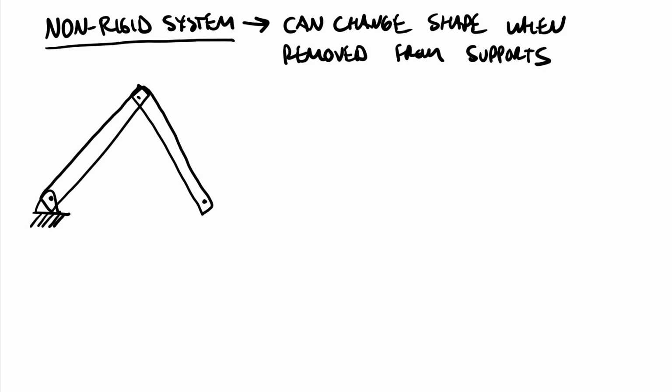Now we're going to label this one, give it a different name, call it point D and E, and we'll go with G. Now, this system is non-rigid: if you removed it from that support at D, and we'll put a support over here at G, what we'd see is that we could flex those arms back and forth. They're pinned at E. But in order for it to be a system that, when it's attached to its reactions, is still going to be a rigid system, right?